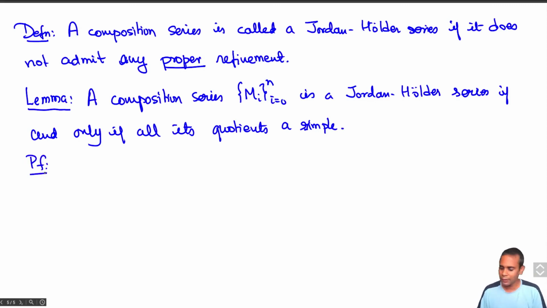So we have two ways to prove. Suppose one of the quotients is not simple. Suppose Mi mod Mi plus 1 is not simple.